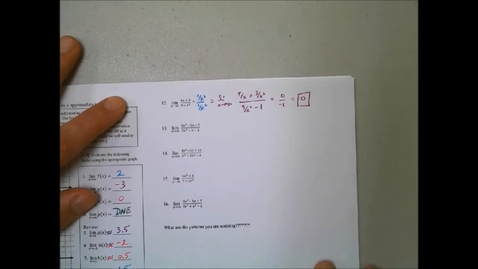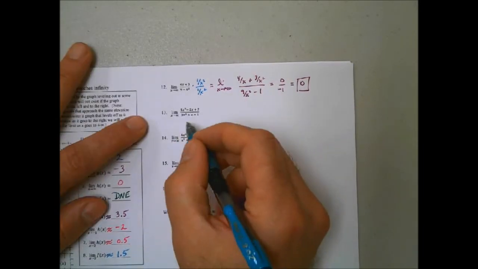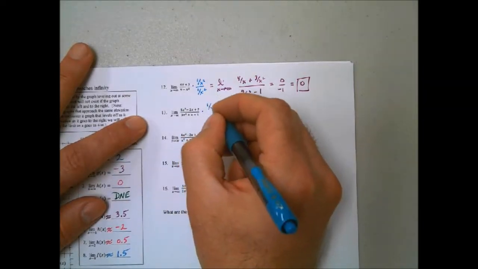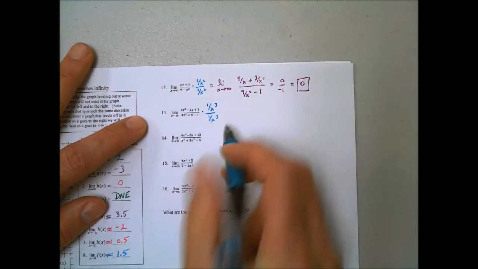Next one. Highest power of x in either the numerator or denominator is x to the third. So I'm going to multiply top and bottom by 1 over x to the third.